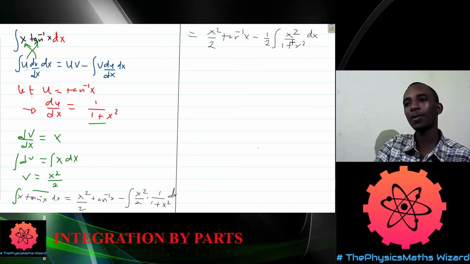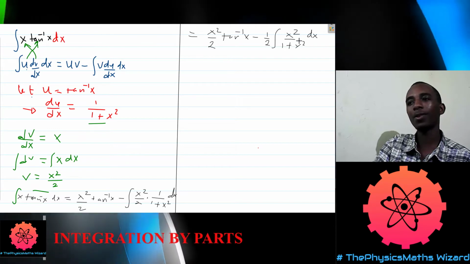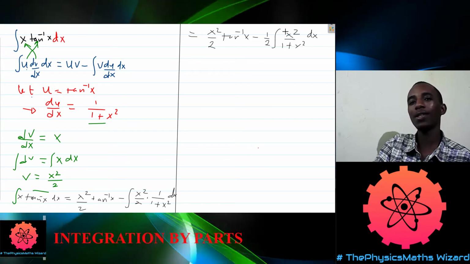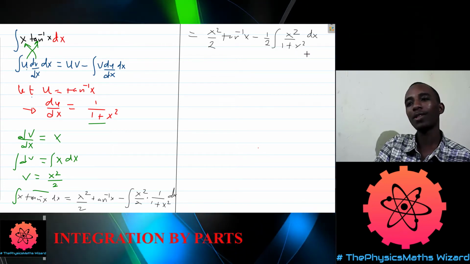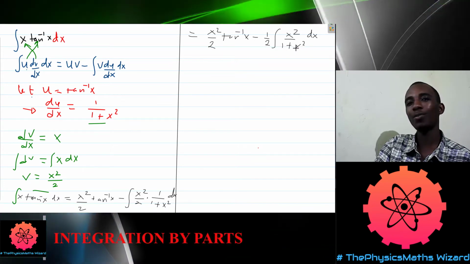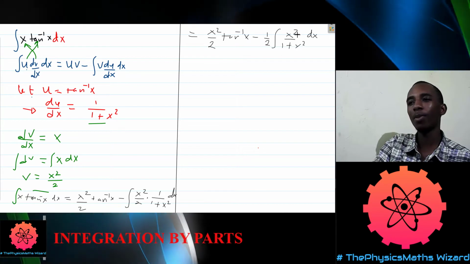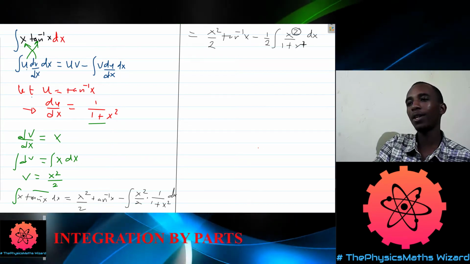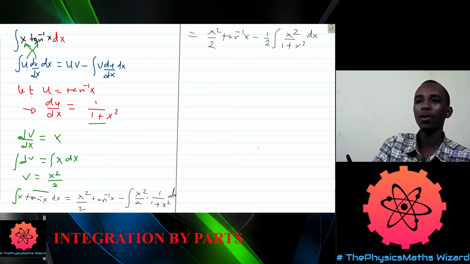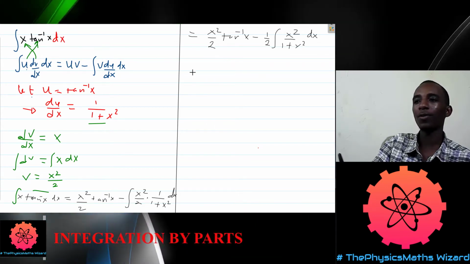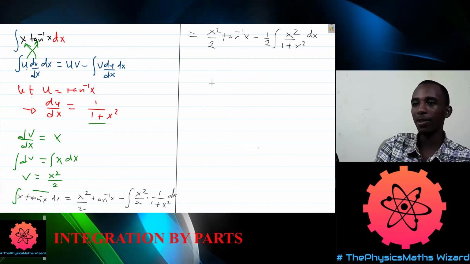Okay, so we have to evaluate this integral also, and as you notice we have x squared divided by 1 plus x squared. This is something called an improper fraction because the power of the numerator and the highest power of the denominator are equal. So let's first resolve this by using division.